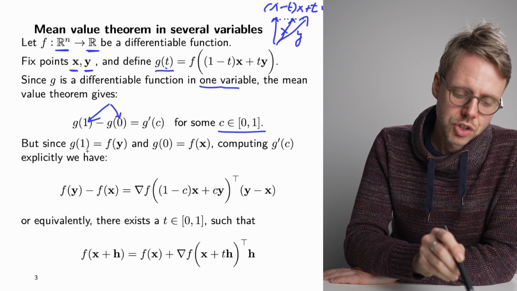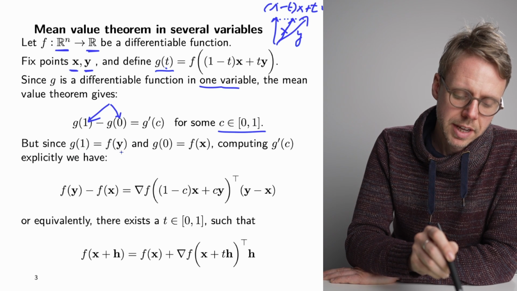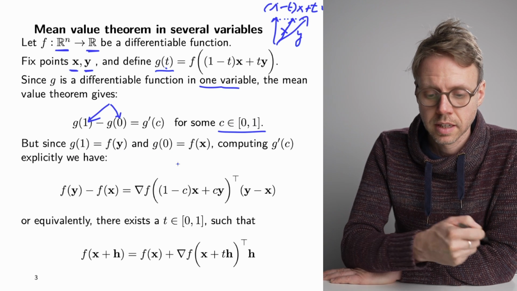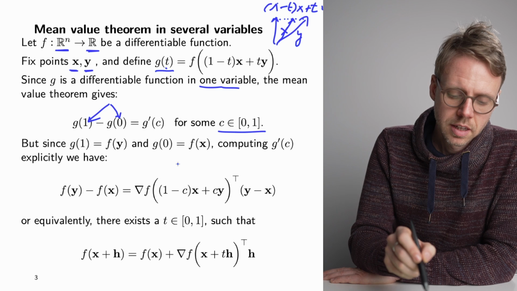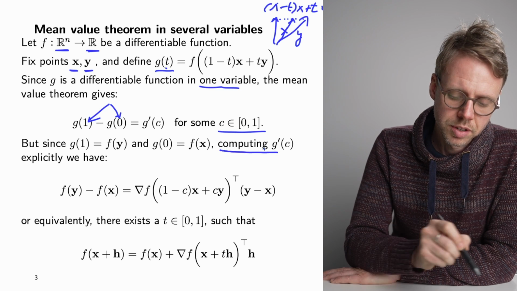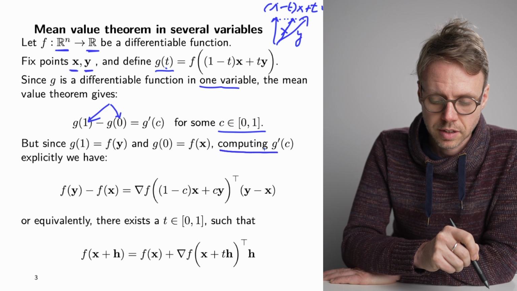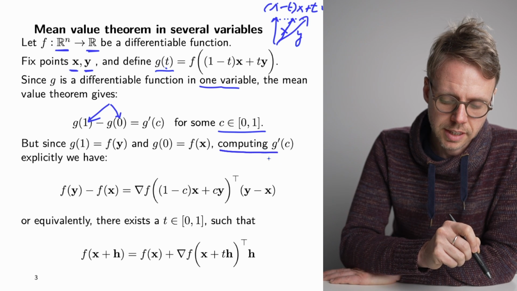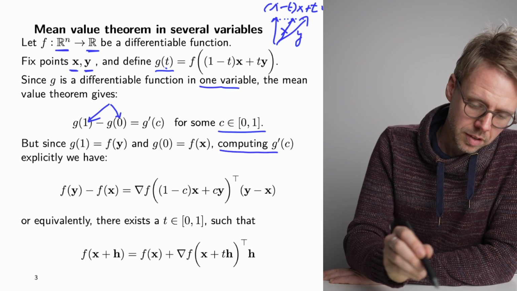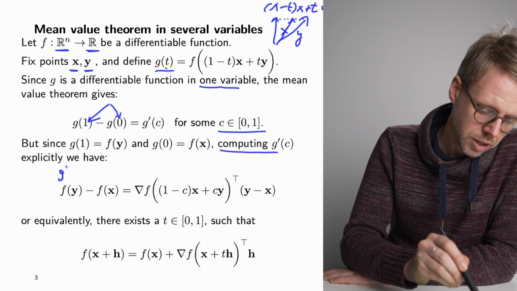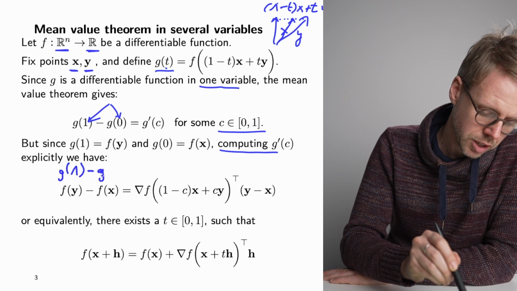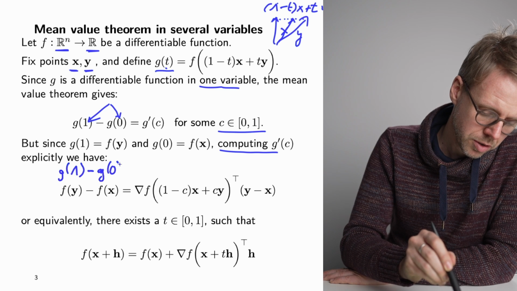However, since g of 1 equals f of y and g of 0 equals f of x, we can compute the derivative of g at this point c that lies between 0 and 1. So here we have g of 1 minus g of 0.